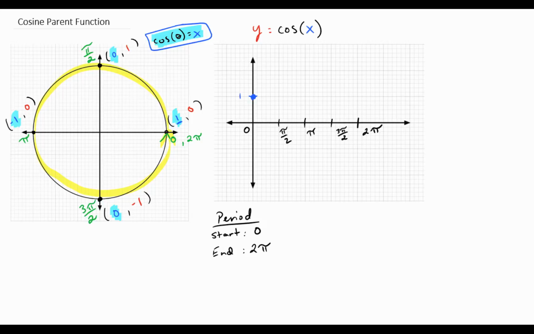When I get to pi over 2, I'm at 0, or at the middle. When I get to pi, my halfway point, I'm down 1 amplitude from the middle. And 3/4 of the way through, I hit the middle again. When I get to one full revolution, I'm back where I started, up 1 amplitude above the middle.